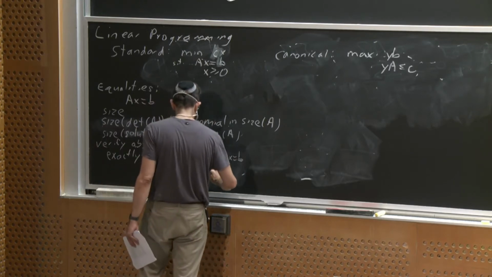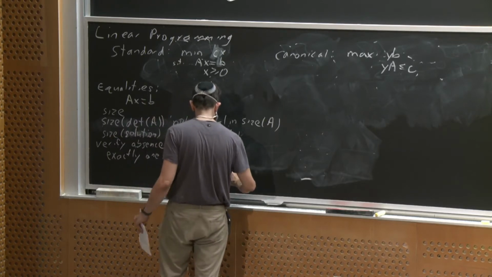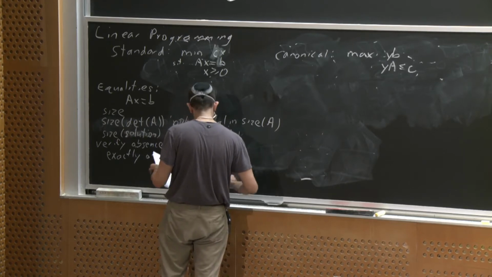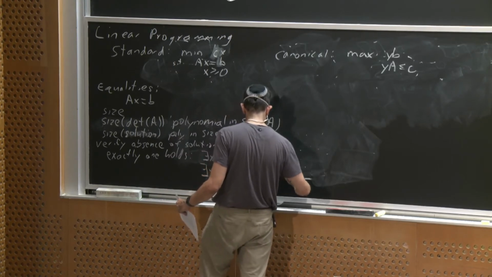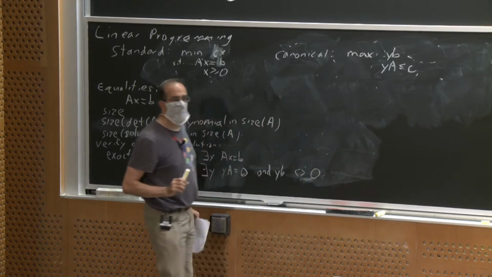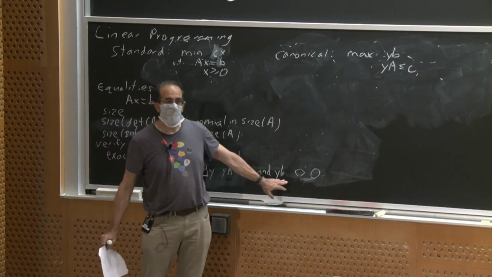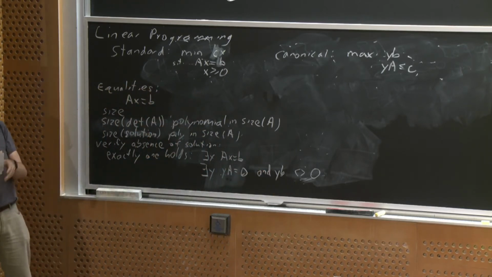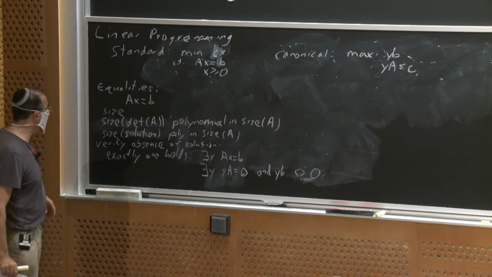Or else there exists a proof that there is not a solution, where you have a vector y such that ya is equal to 0, but yb is not equal to 0. Right? And that's sort of the last thing that we proved.